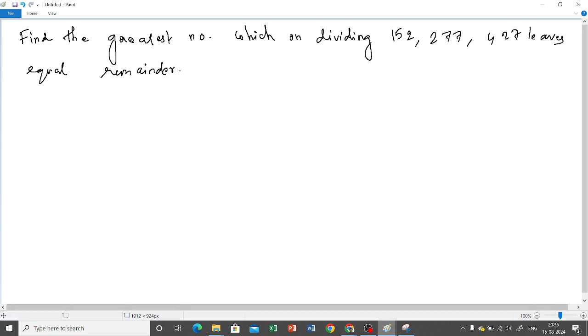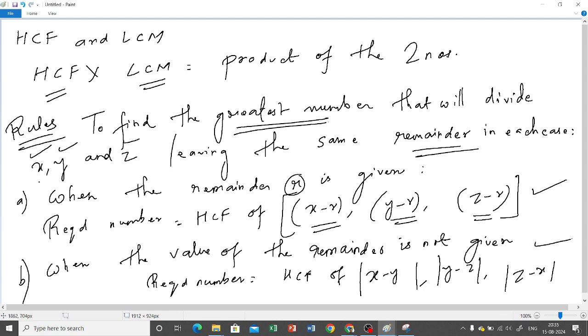So which rule does it follow? The second one. So when the value of the remainder is not given, the required number is the HCF of mod of x minus y, mod of y minus z, mod of z minus x. Please do this.